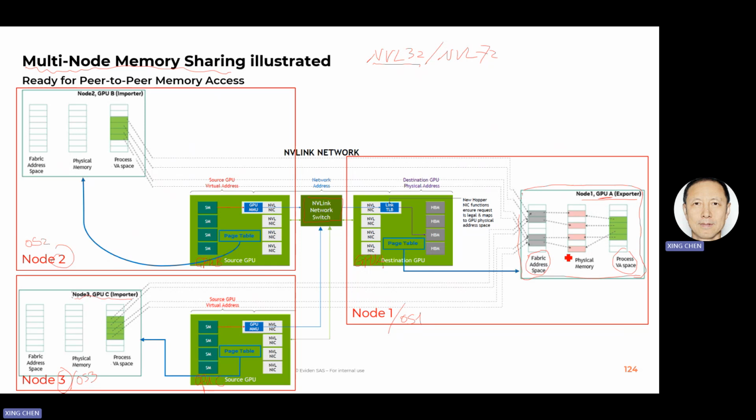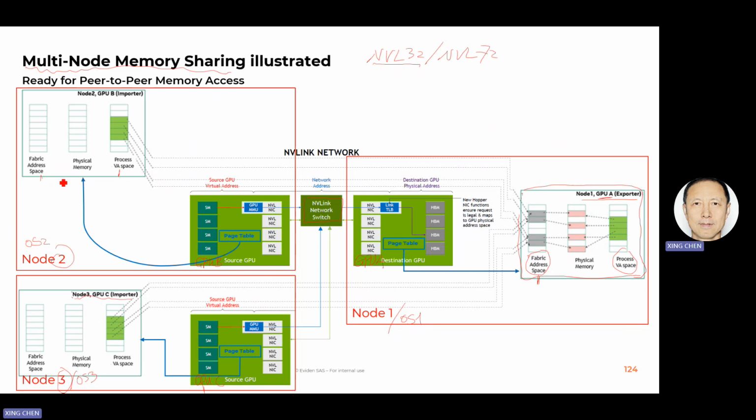I think that's going to make things easier, but this depends on the implementation. If somebody somehow has decided to merge them, that's their choice. But I think it's better to keep it separated. So we can think that each node has two page tables, and the sum of this fabric address space page table of all these nodes.